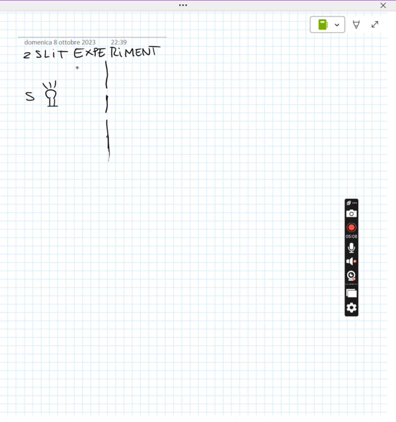This is a generic plane with two slits. The slits usually have a diameter of some nanometers, probably 20, 30 nanometers or something. It's not important.